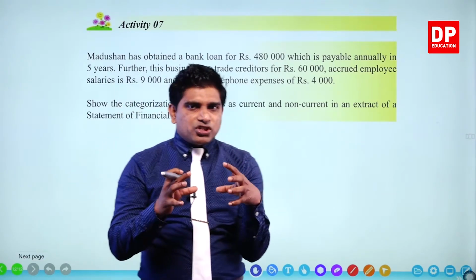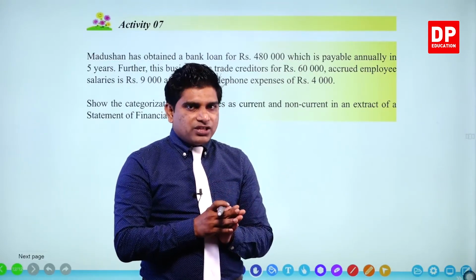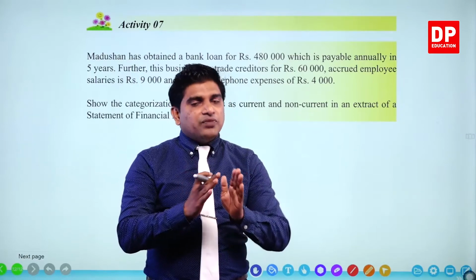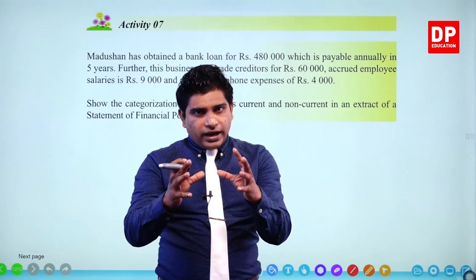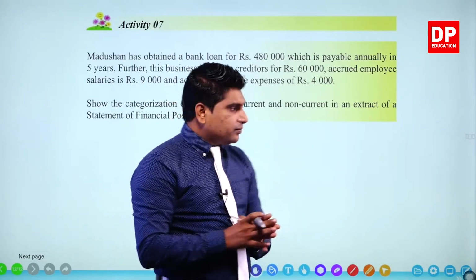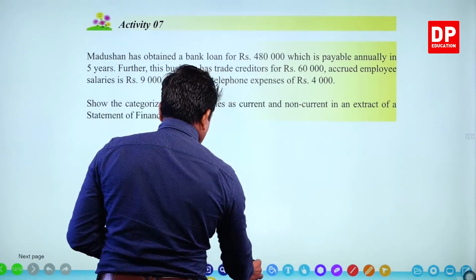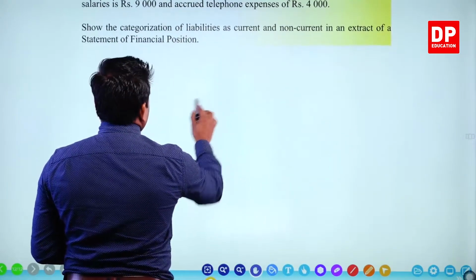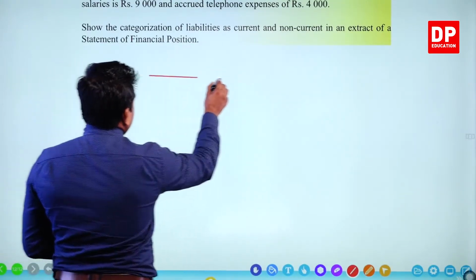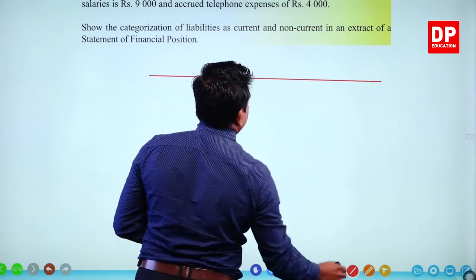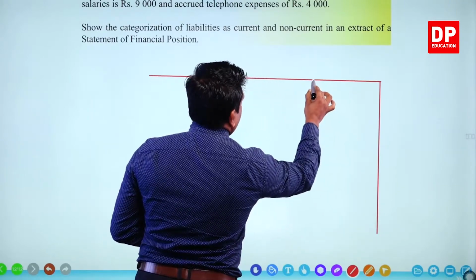Show the categorization of liability as current and non-current in an extract of the statement of financial position. Extract of financial position means how to enter these details in the statement of financial position. Here they don't expect the full format of the statement of financial position. Only the area where you can record, you show, right? Now here I use some columns. I draw 2 columns.